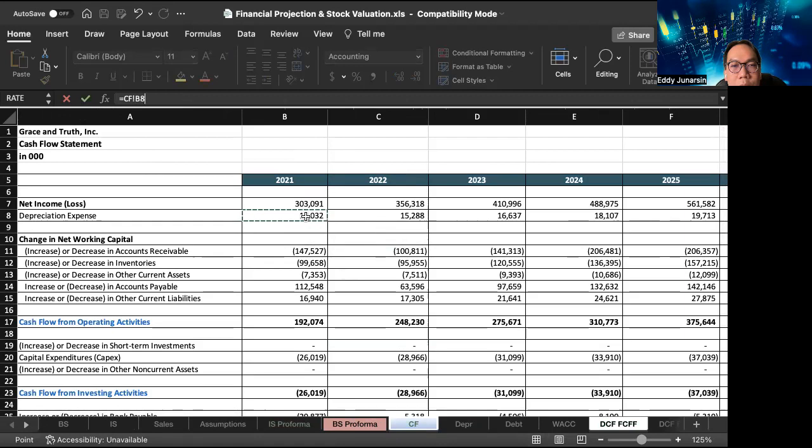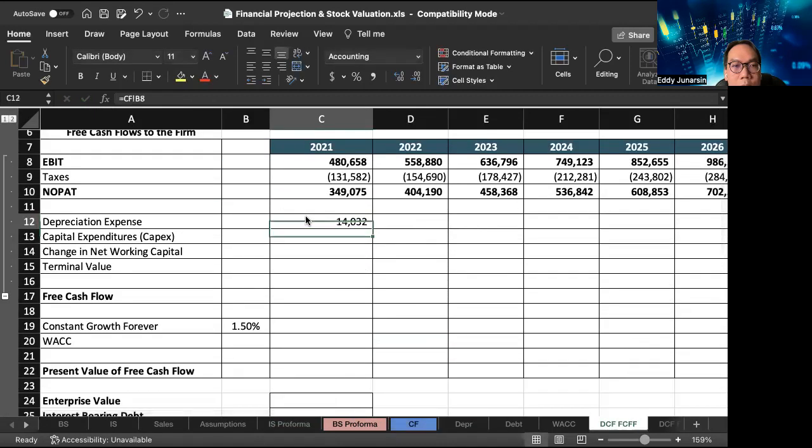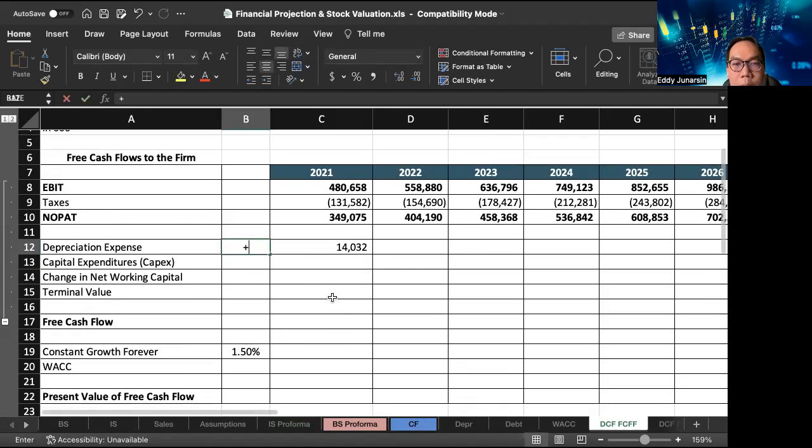Depreciation expense. And the thing to be careful about here, depreciation expense we add back. So it's a positive, right? So we add back depreciation expense.